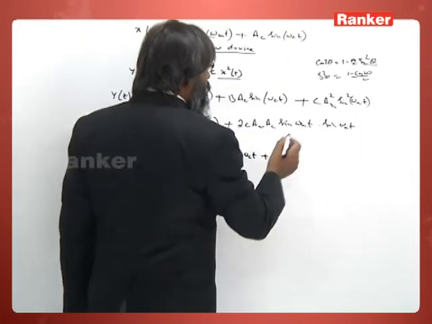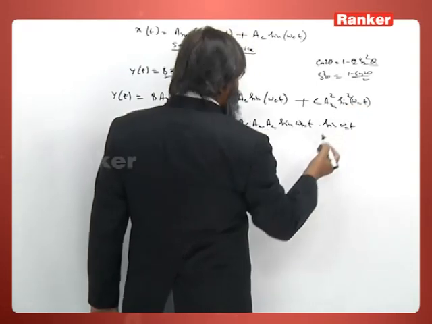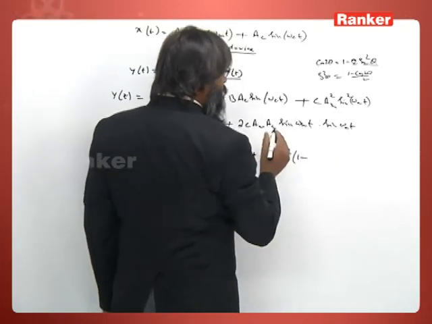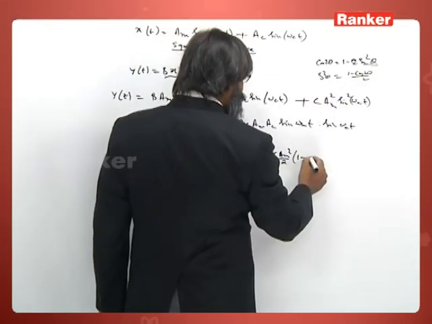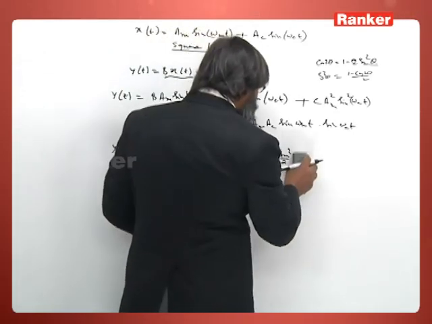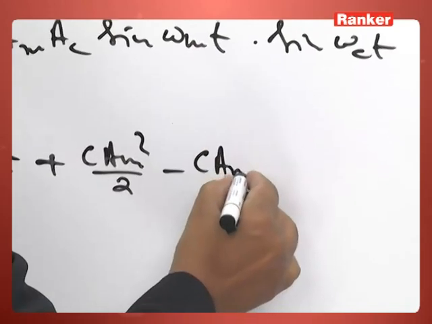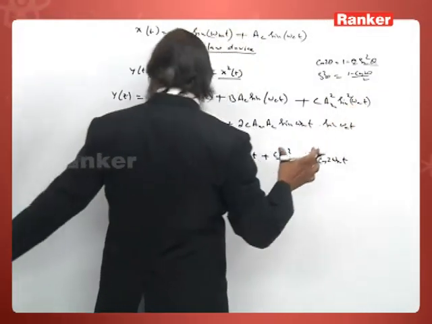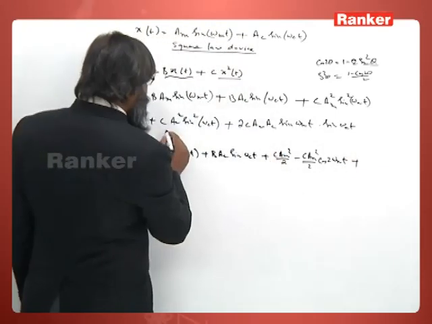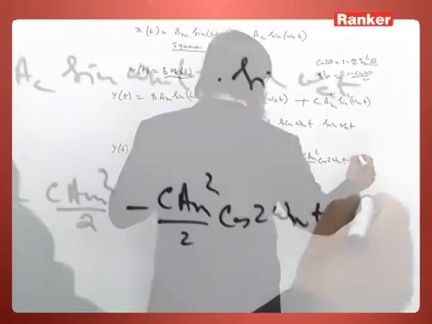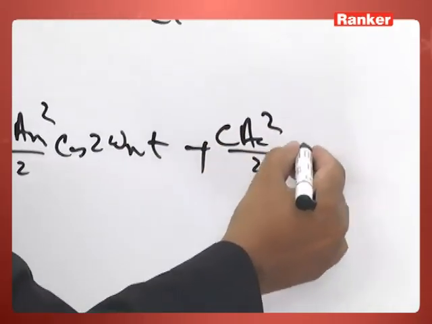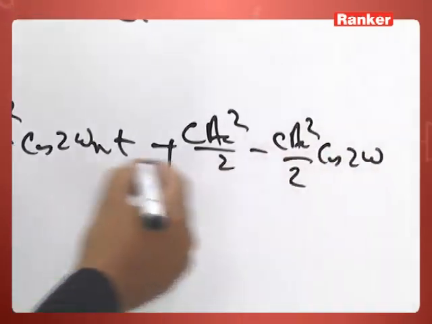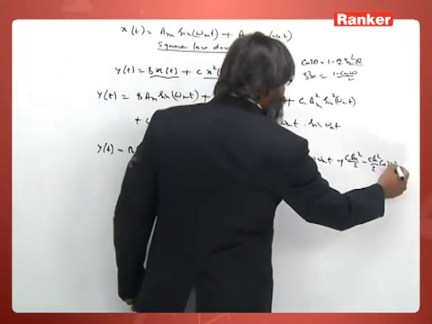So we can write this as c Am squared by 2 (1 minus cos 2ωm t), that is c Am squared by 2 minus c Am squared by 2 cos 2ωm t. Then here is one more similar term, c Ac squared by 2 minus c Ac squared by 2, then again cos 2ωc t.